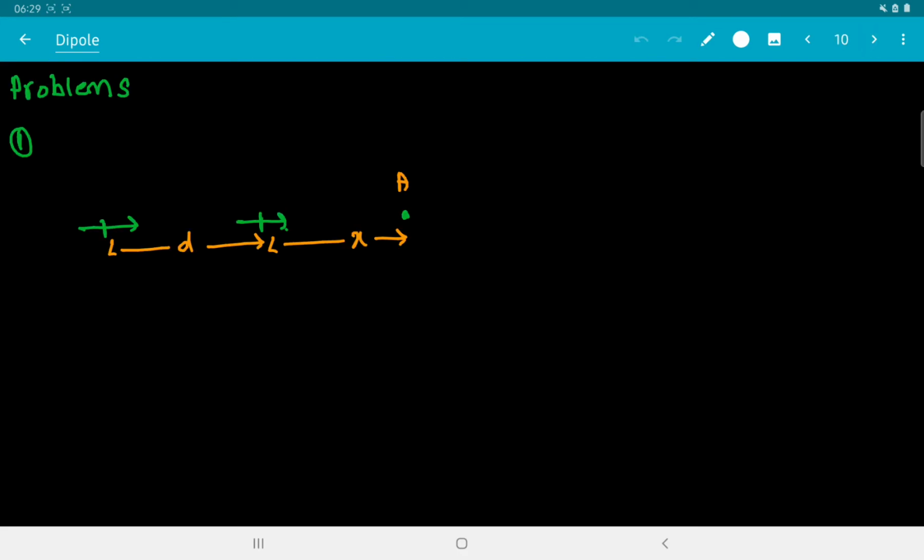Okay, let us see the second case. In the second case, we'll be taking the point at the perpendicular bisector. So this is our origin and this is the perpendicular. Let us say the point P is at the perpendicular bisector. Now see here the dipole moment is along this side.